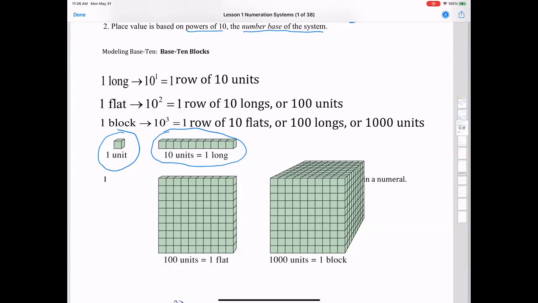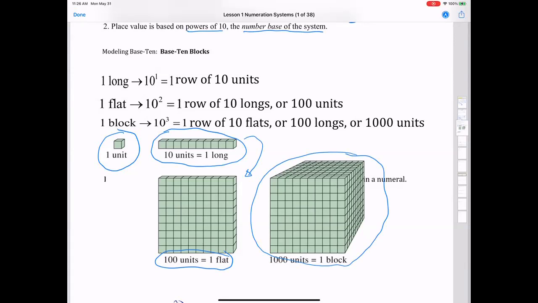Now, if you have 10 longs, then that forms a new symbol called a flat. 10 longs, which is equal to 100 units, is one flat. What if you have 10 flats? 10 flats will now form a block. It's a group of 10 flats. It's like a cube, right?